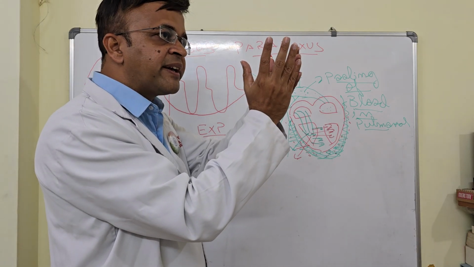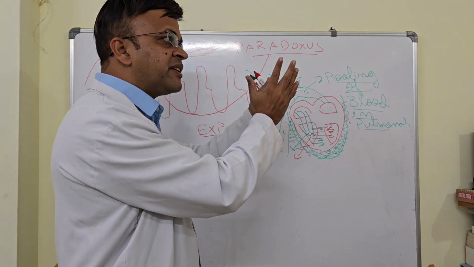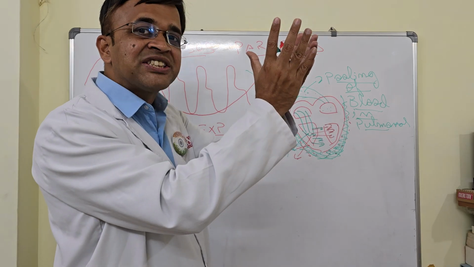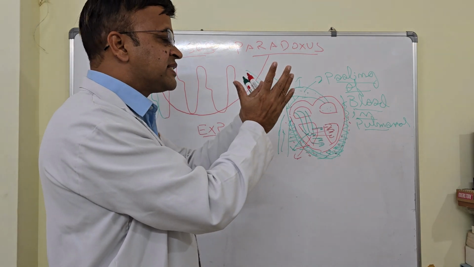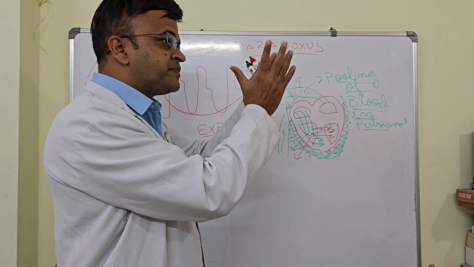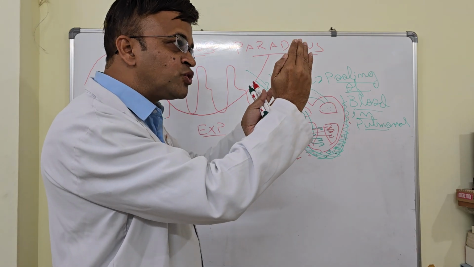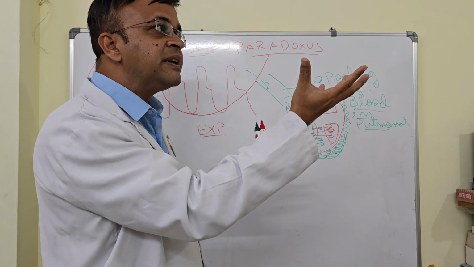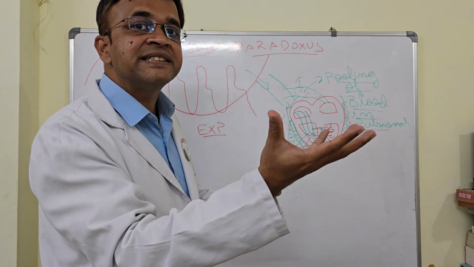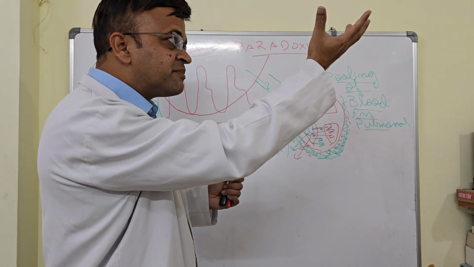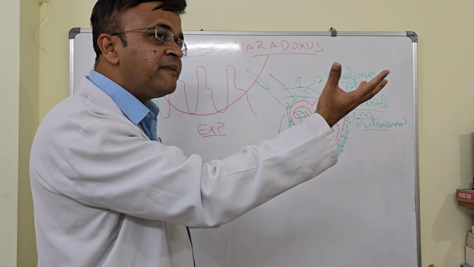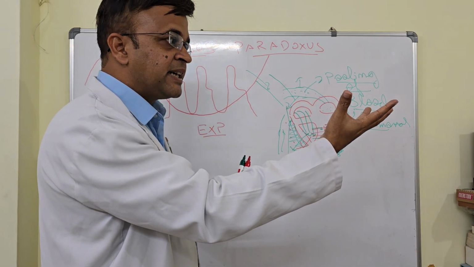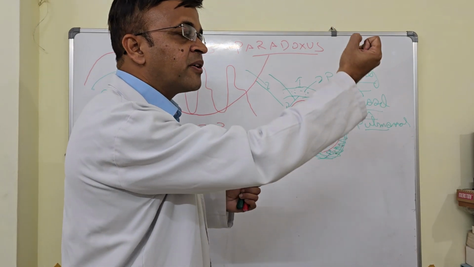Now left ventricle is also getting filled, but this time right ventricle has received some extra blood. Since the right ventricle has received some extra blood, it is going to push on the left ventricle. It will get improperly filled. Now Frank-Starling law, right? If something gets improperly filled, then it will undergo improper contraction.